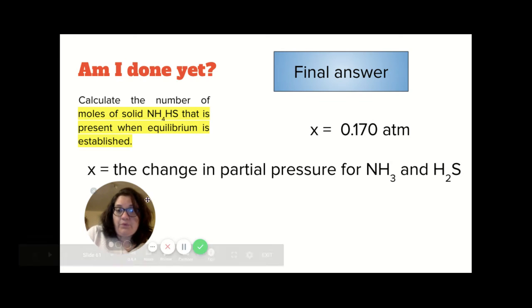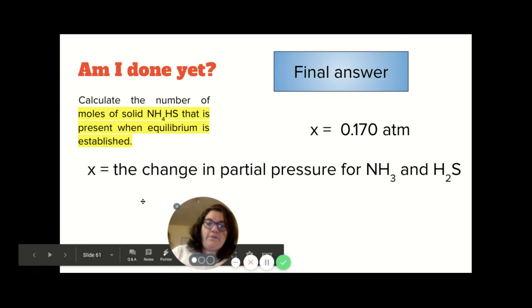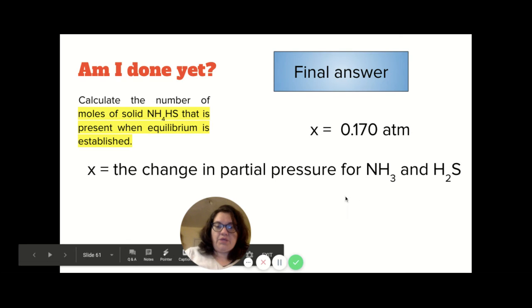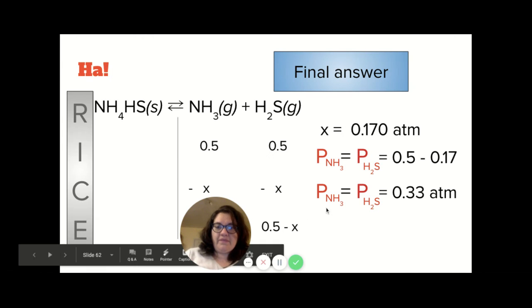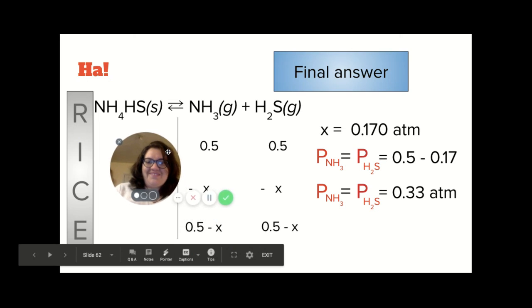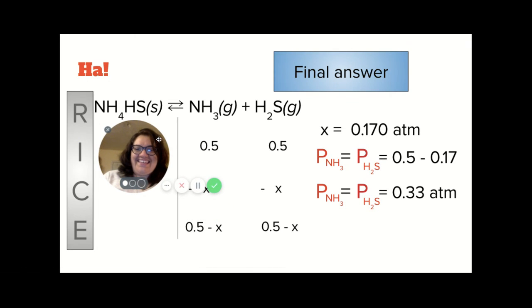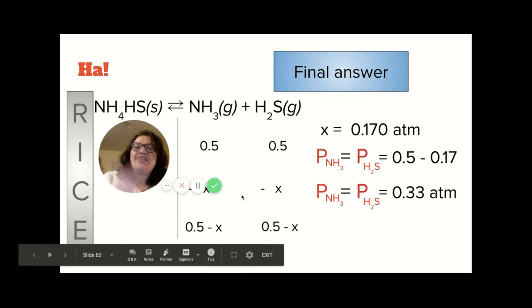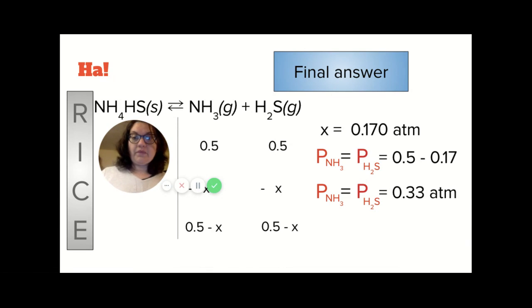I'll take you back to the RICE table so you believe me. That's where the X came from. So this X is the pressure that was lost in both cases. Okay, they have an equal pressure. So that was not my final answer.